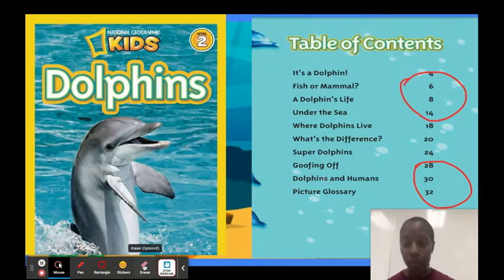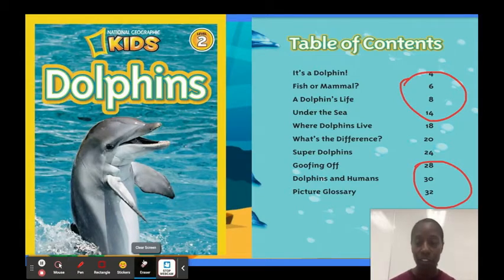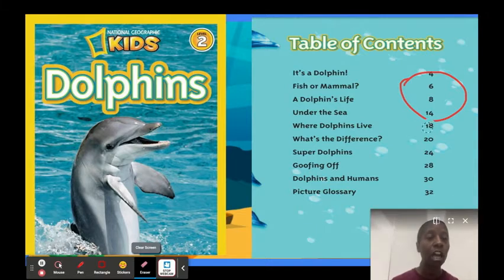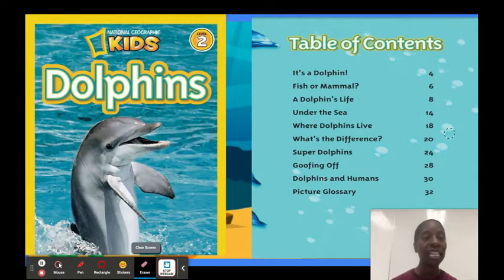So now, before we have the table of contents here, I'm just getting my eraser. Just be patient with me. Thank you. Now we have the table of contents, and we know that that is a nonfiction feature. And when we have the table of contents, there's a title and it has a number next to it.